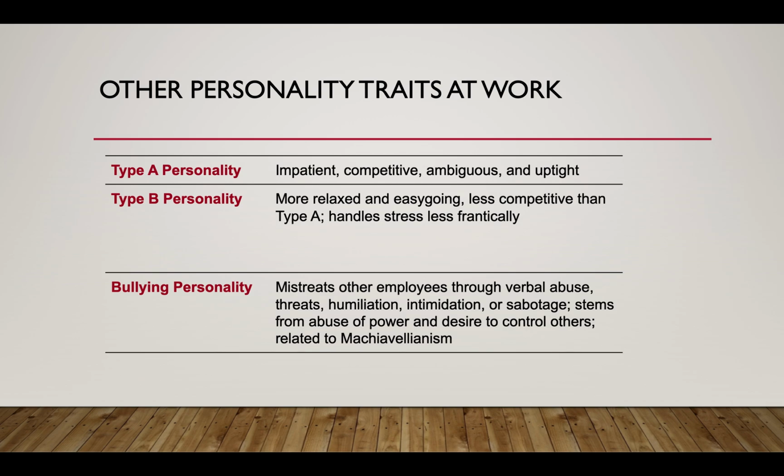And then you have the bullying personality, which is just the mistreatment of other humans through verbal abuse, threats, humiliation, and so forth. And it's related to Machiavellianism because the Machiavellianism type personality will manipulate people through intimidation sometimes, or humiliation, or make them feel that they are really not of great value to anyone.